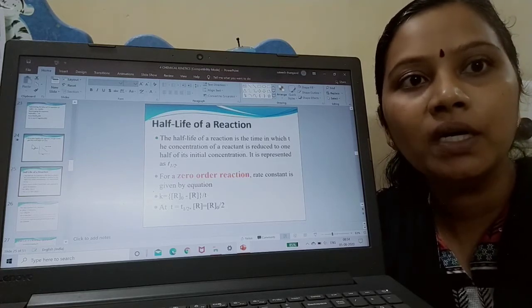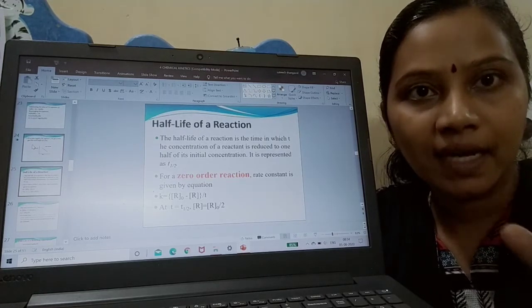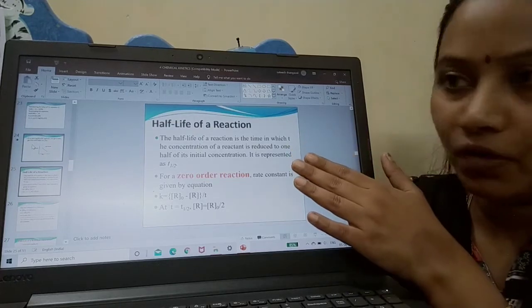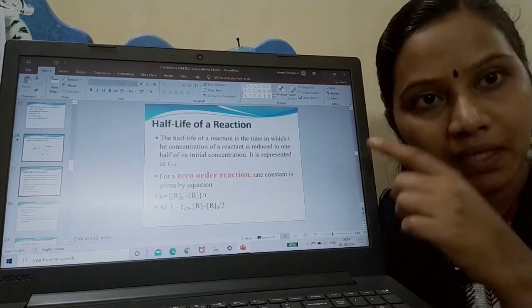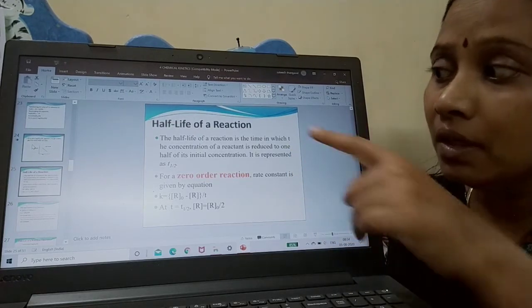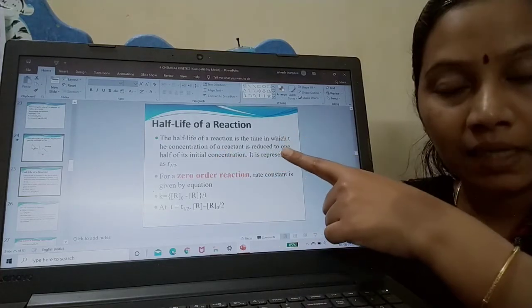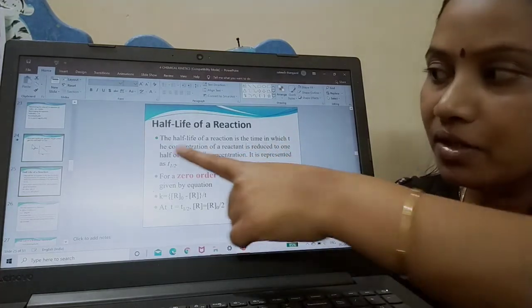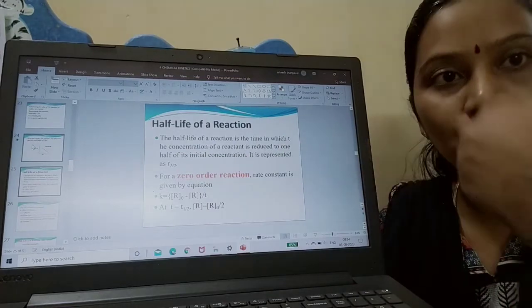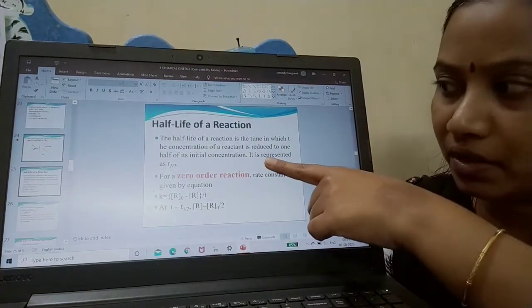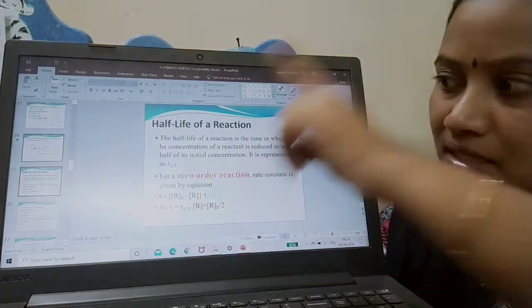Let me repeat, half-life of a reaction is the time period at which the concentration of the reactant is reduced to half of its initial concentration. It is represented as t half.